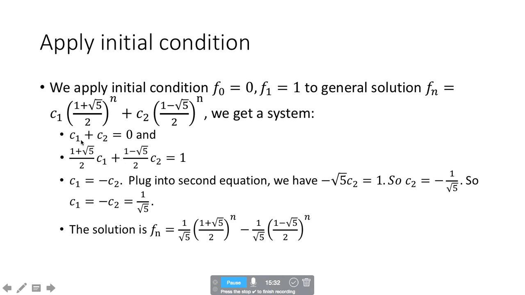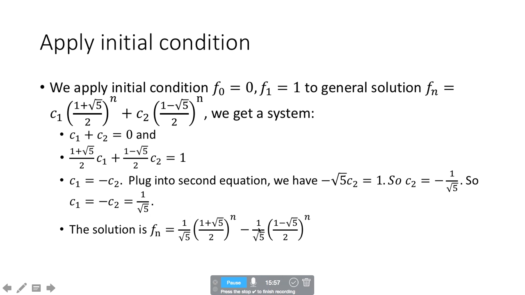From the first equation, C1 equals negative C2. Plugging this into the second equation and combining, you get negative square root of 5 times C2 equals 1. That means C2 equals negative 1 over square root of 5, so C1 equals 1 over square root of 5.